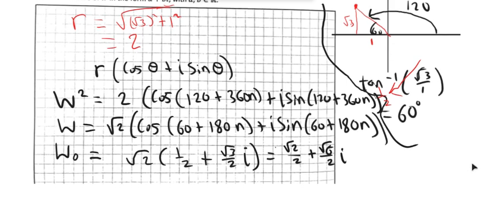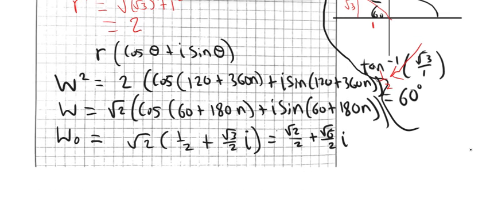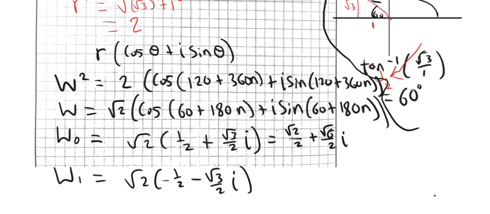And then if we put a 1 in instead of n, we get root 2, and we get minus a half, when you put in the angle, that's the way it works out, minus root 3 over 2i. So we're getting the negative of what W 0 was.